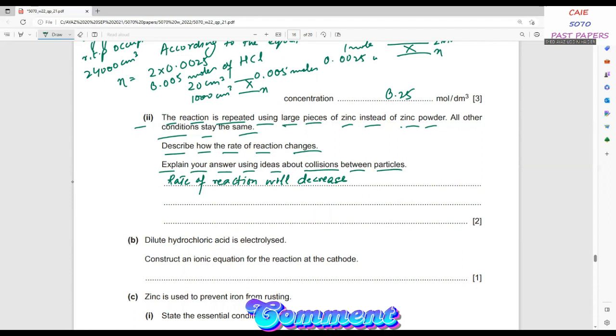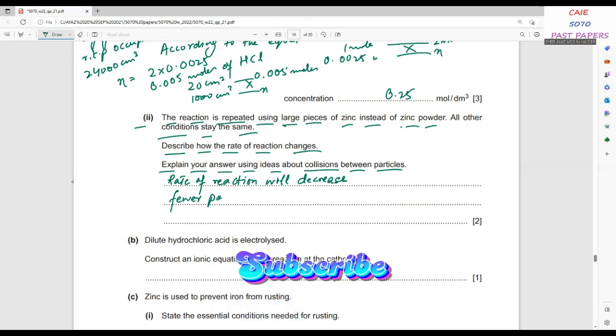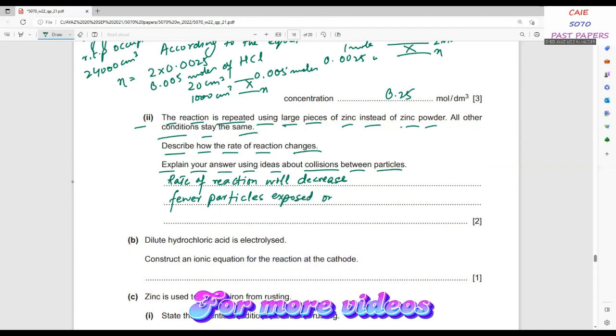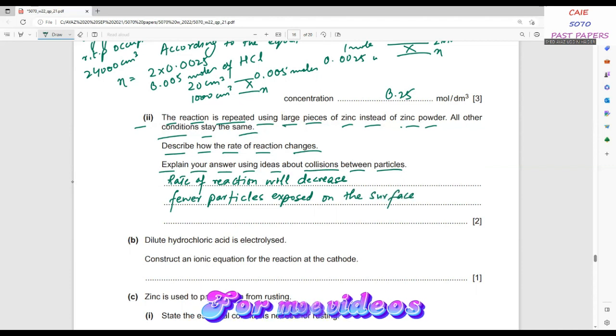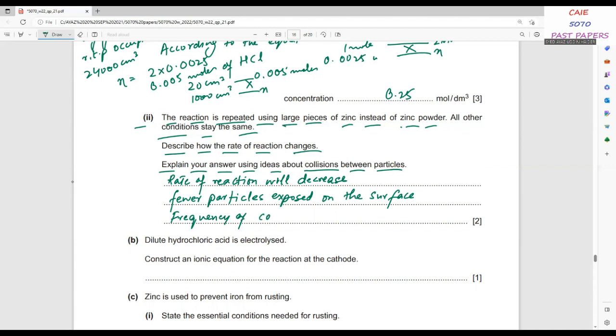Further, you write that fewer particles will be exposed on the surface because the size of the particle is increased, and the frequency of collision decreases.